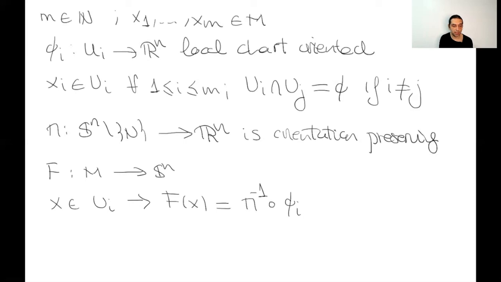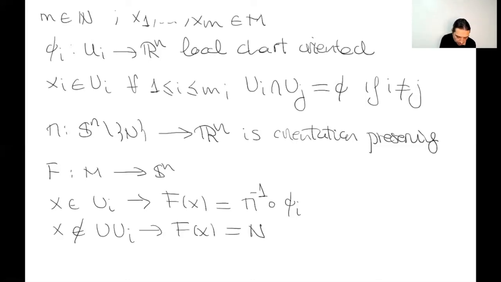This is actually well defined. And if x does not belong to the union of the Ui, we define F(x) as being just equal to the North Pole. It is easy to check that this map is indeed continuous.